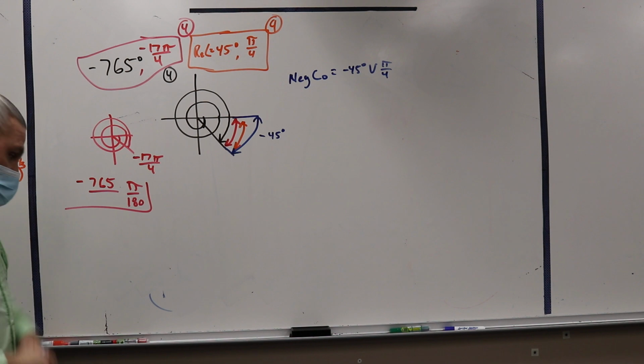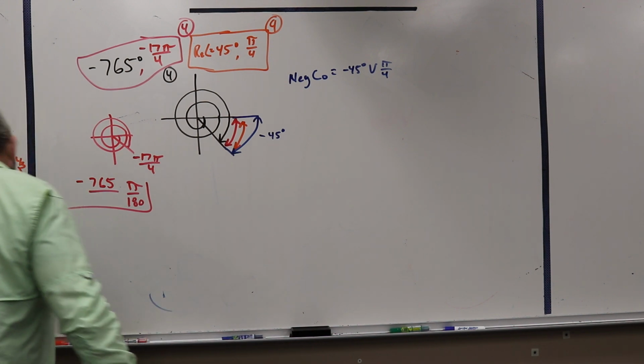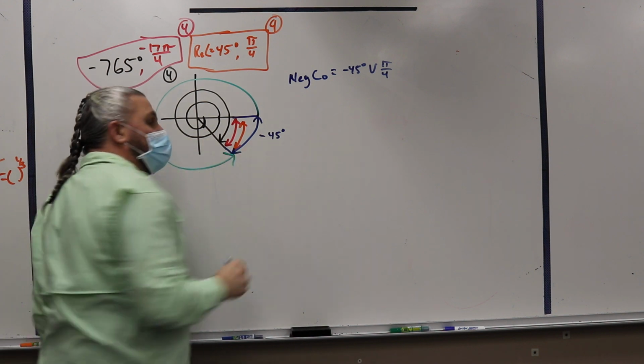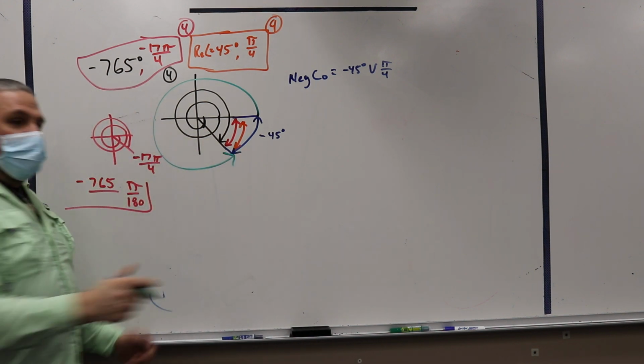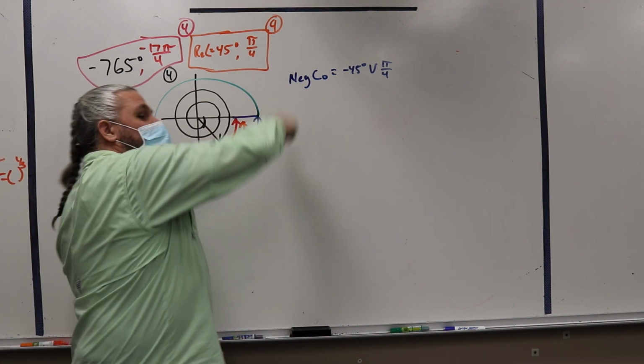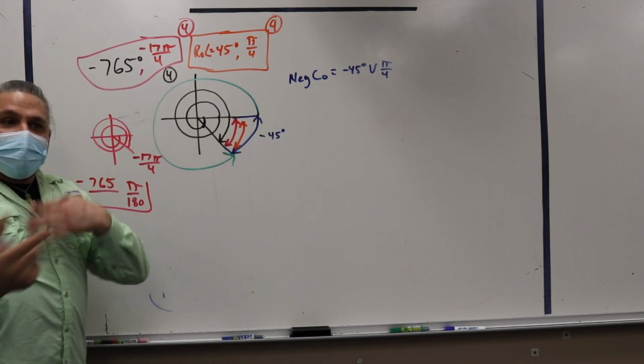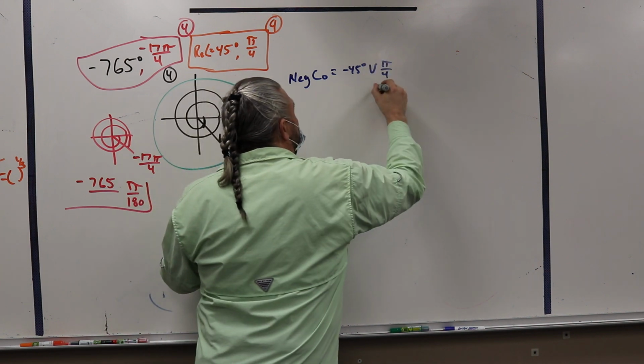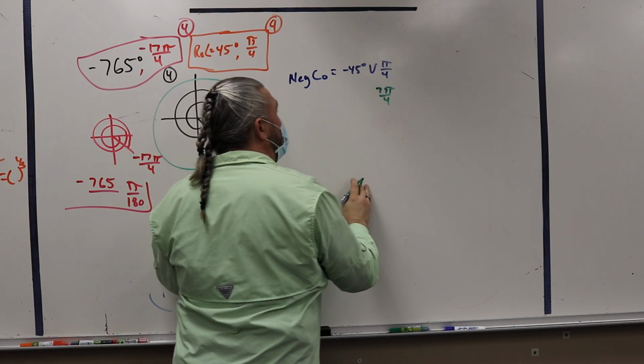Now, we've got to have the positive. Create the circle. Well, if this is 1 pi over 4, then the other one's 1 from the 8, which is 7. So this is 7 pi over 4, positive.